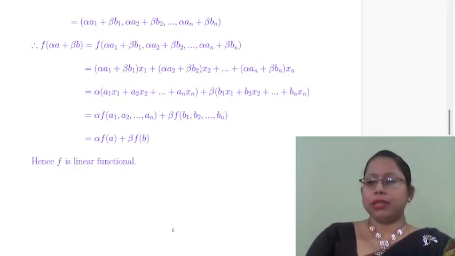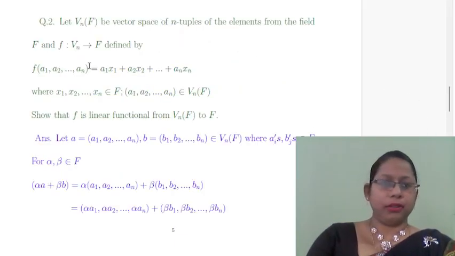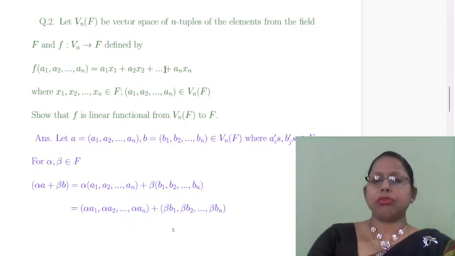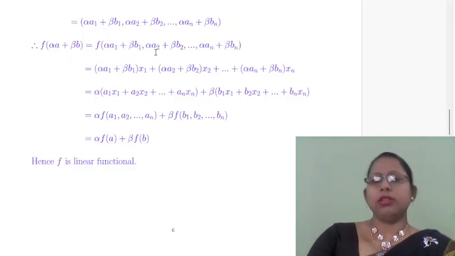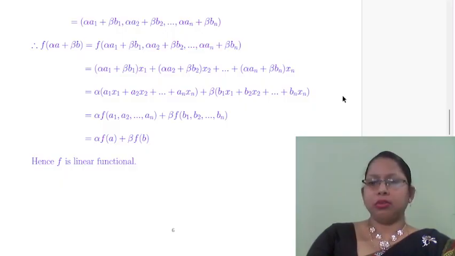Then using the definition of the mapping given here, f of (a1, a2 up to an) is equal to a1 x1 plus dot dot dot an xn. Using these definitions, we will get this one: first element into x1, second element into x2, up to nth element into xn.